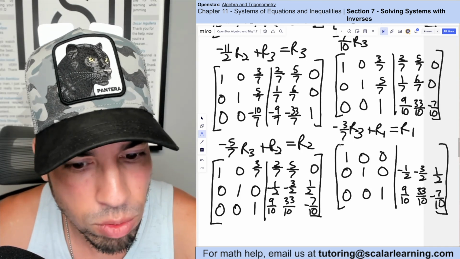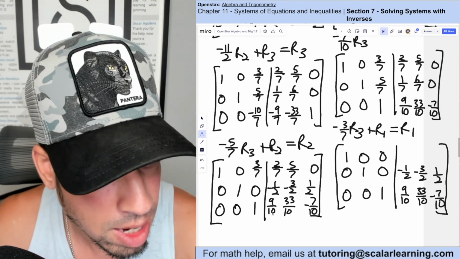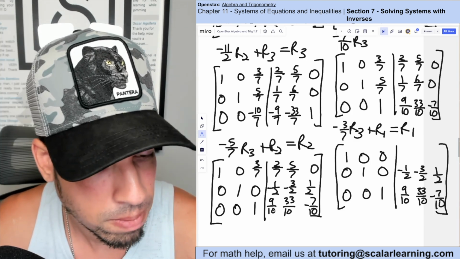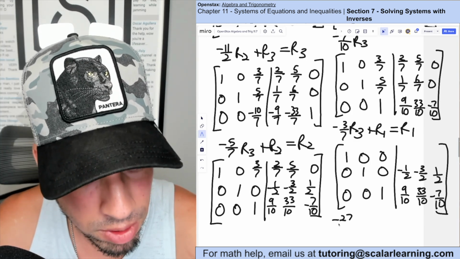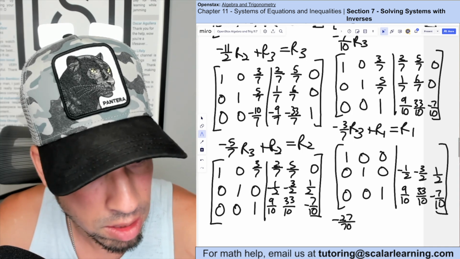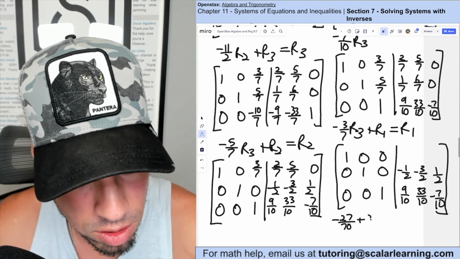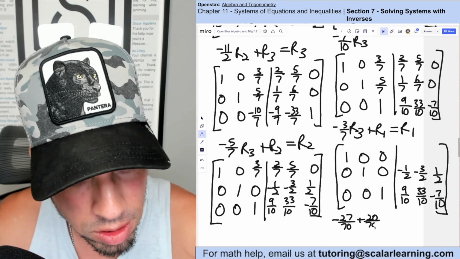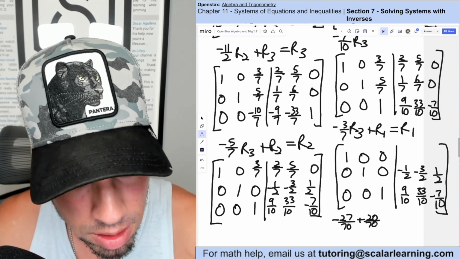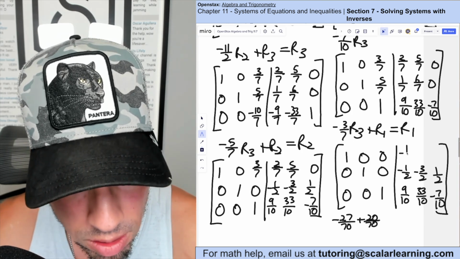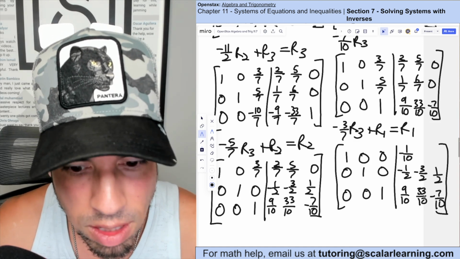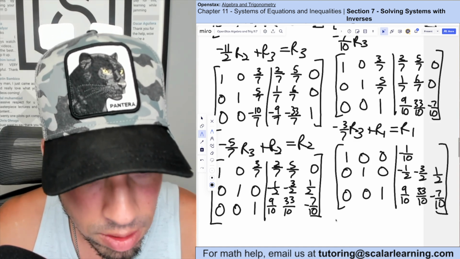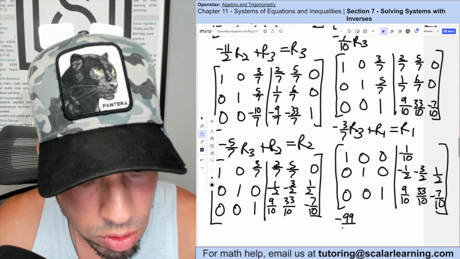And then negative 3/7 times 9/10 is negative 27 over 70, and then plus 2/7, which is the same as 20 over 70. That's going to be negative 7 over 70, or negative 1/10. Next, we got negative 3/7 times 33 over 10, which is negative 99 over 70.